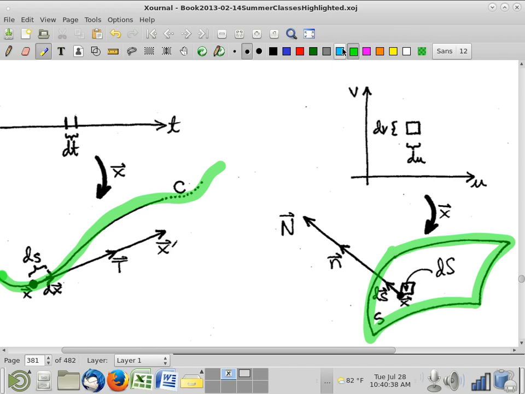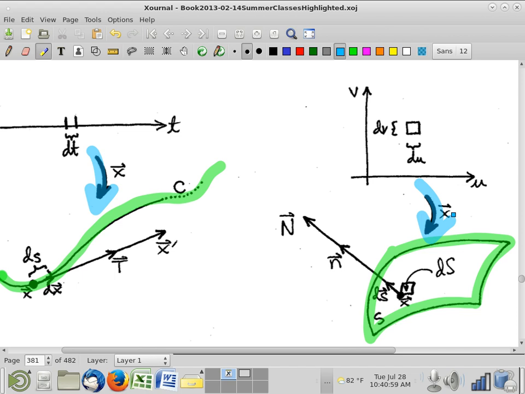Now, in each case, our computations were done by parameterizing. Forgive me, I'm drawing my parameterization sort of vertically instead of horizontally here, because otherwise it doesn't fit on the page very well. This is strictly an aesthetic awkwardness. So, anyway, vertical instead of horizontal.